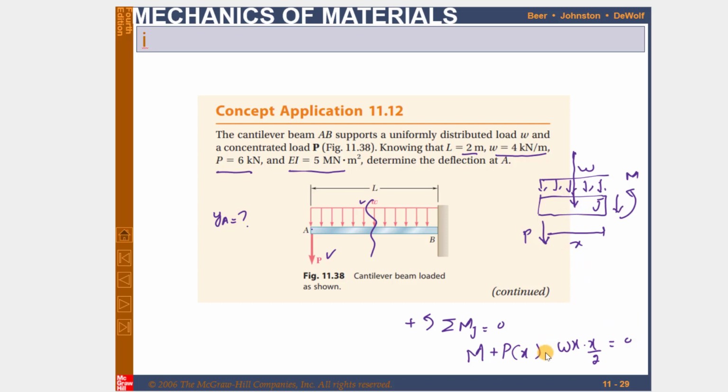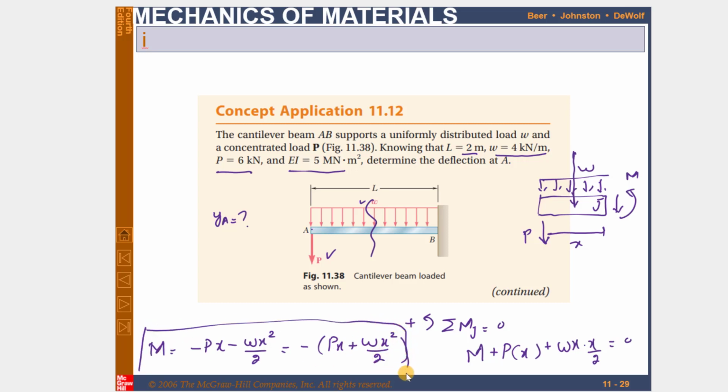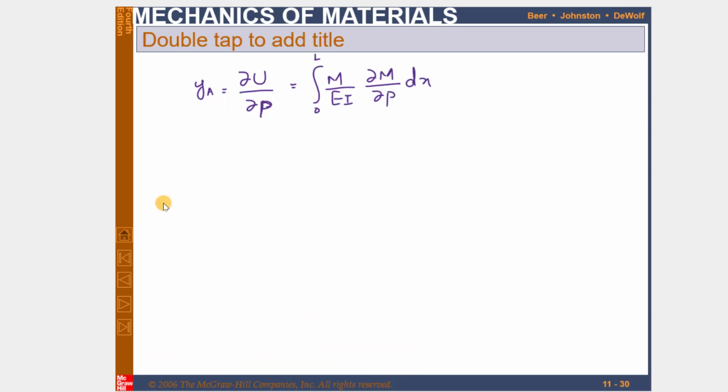So this is also positive. It means the reaction moment is equal to minus P into X minus Wx square over 2, or you can say it is equal to minus Px plus Wx square over 2. So this is the moment equation for this beam. We will use this equation and put it over here.